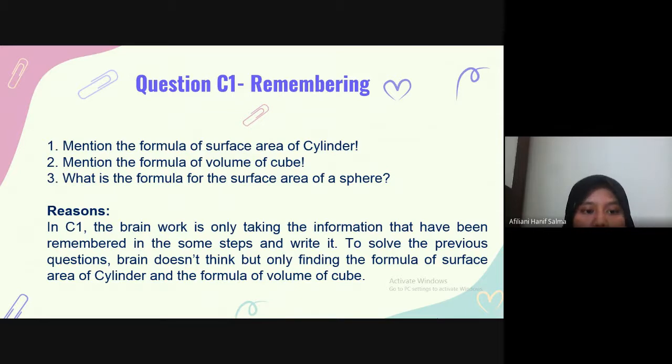And the reason is in C1 the brain works in only taking the information that has been remembered in the sum step and writing it. To solve the previous question, the brain doesn't think but only finds the formulas of the surface area of a cylinder and the volume of a cube.